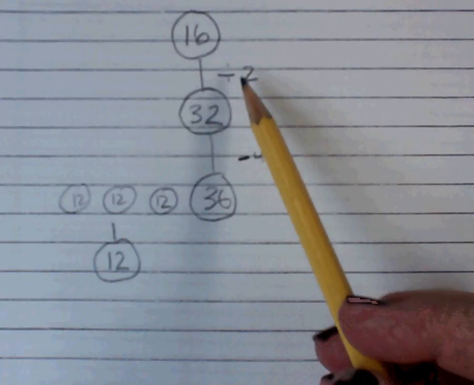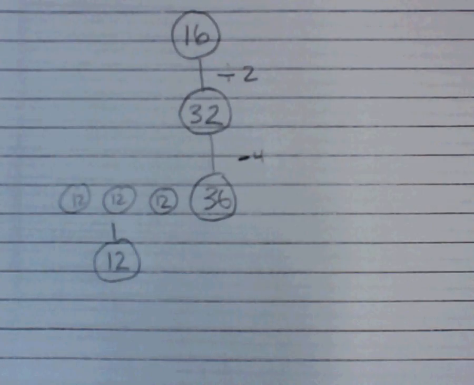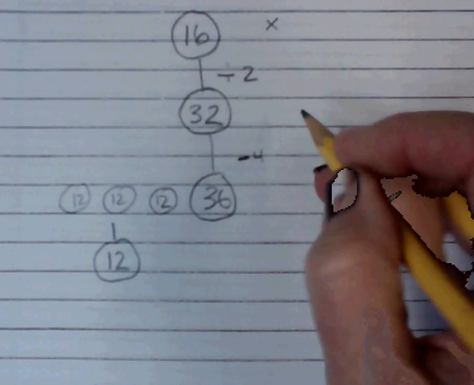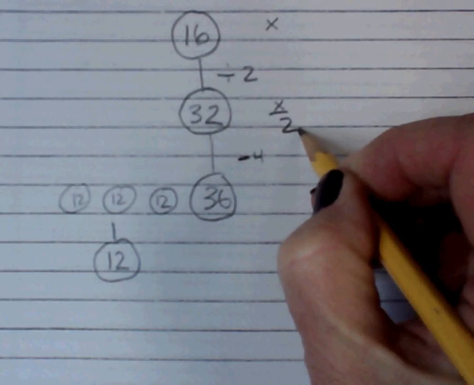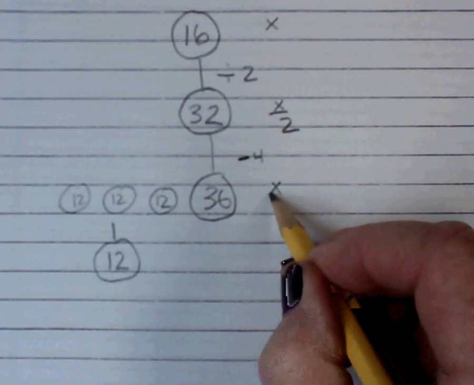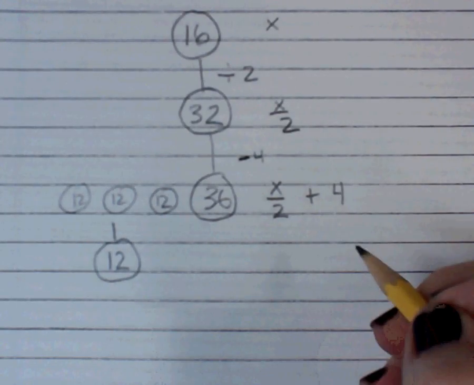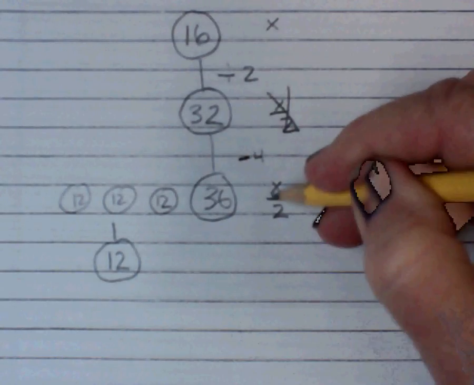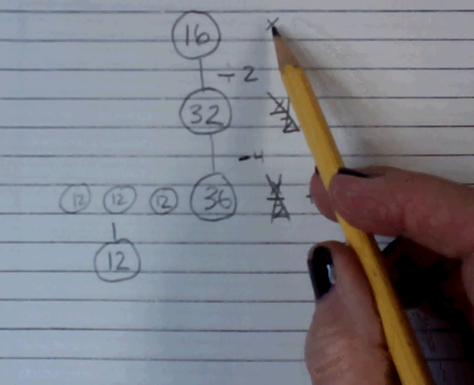So as I already showed you, let's see, this would end up being, well, I'm going to go through. This was x. This was x divided by 2. This was x divided by 2, add 4. Oh, that's not right. Sorry. This was x, then we doubled it.